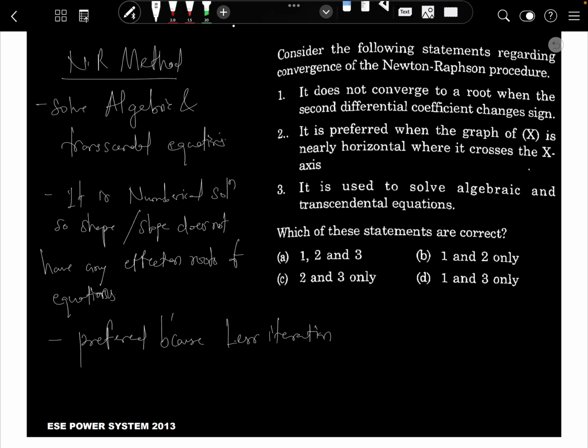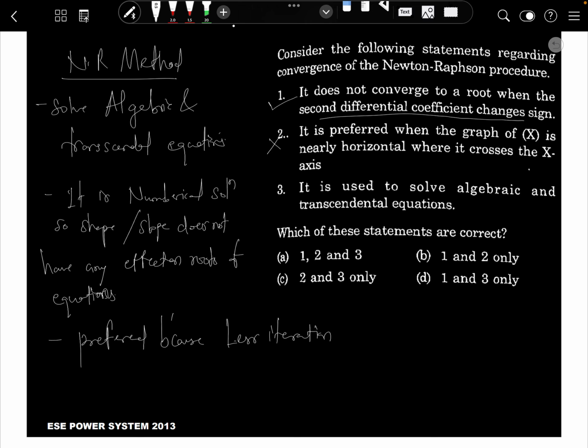It does not converge at the root when the second differential coefficient changes. Now this is considered. The second line is, it is preferred when the graph of x is nearly horizontal to the x-axis. So this is not about this.